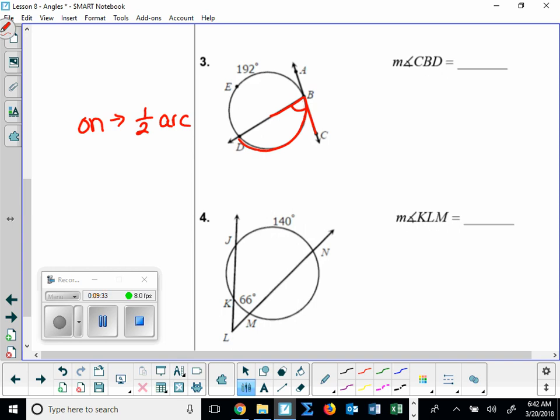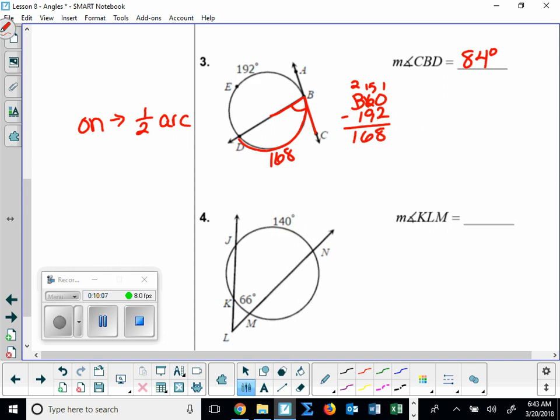Well, let's think about it. 360 minus 192. 168. Okay, so CBD is going to be half of 168. That's 84 degrees.